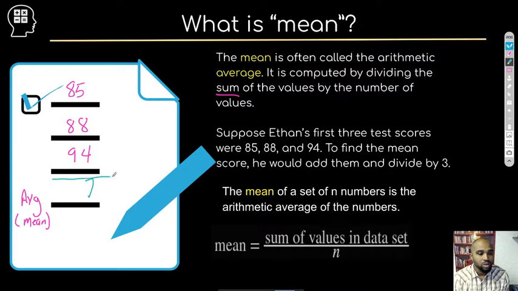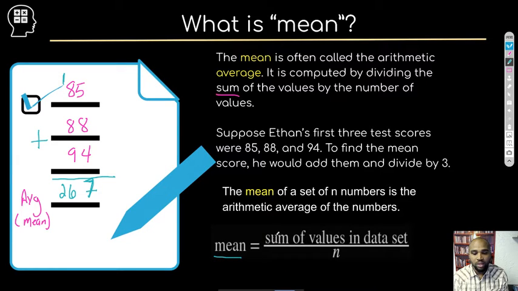Let me double check. 8 and 8 is 16, plus 1 is 17, plus 9 is 26. So I got 267.